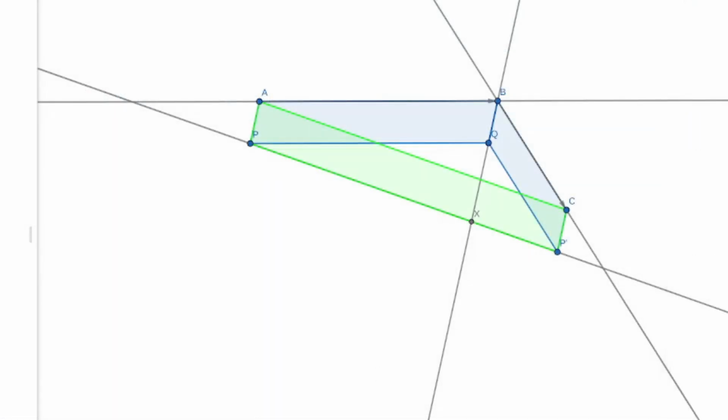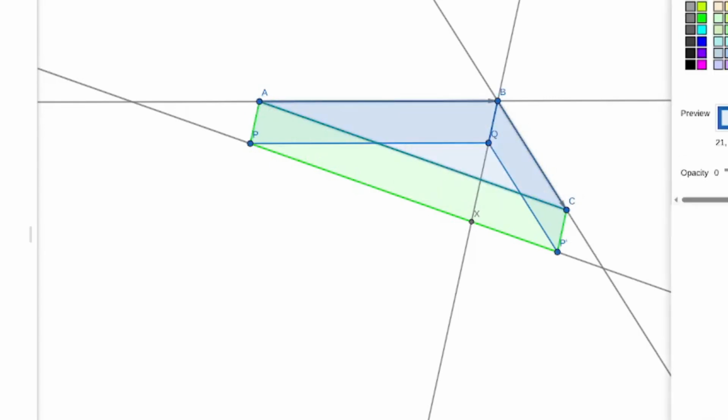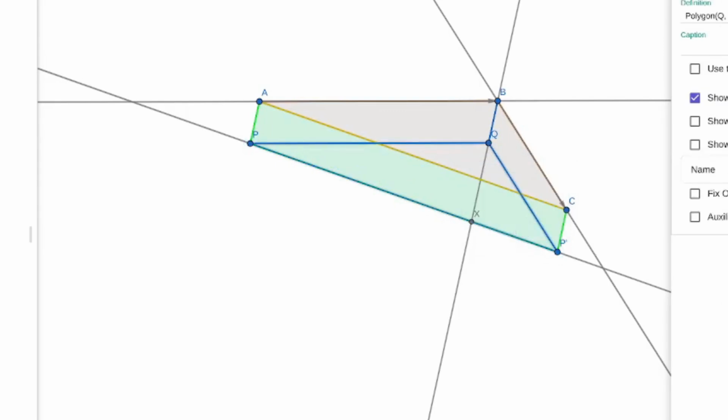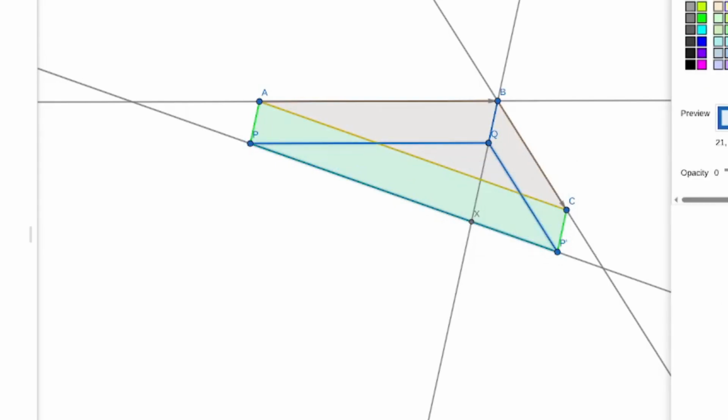And now at this point, we are going to look at the triangles we have: ABC, let's maybe make it in orange, and the triangle QPP prime, and maybe I'll make that in that sort of reddish color.